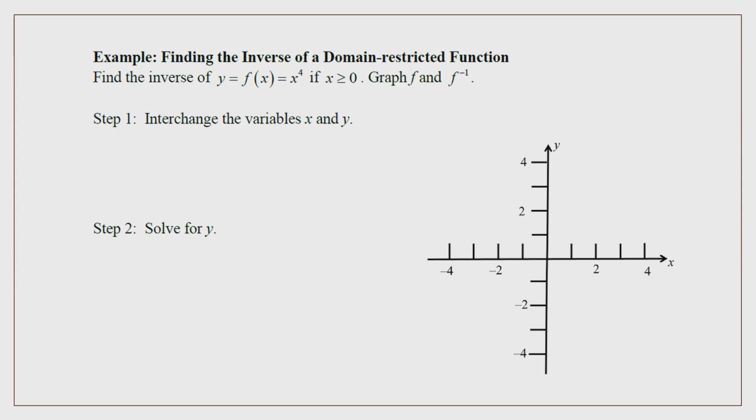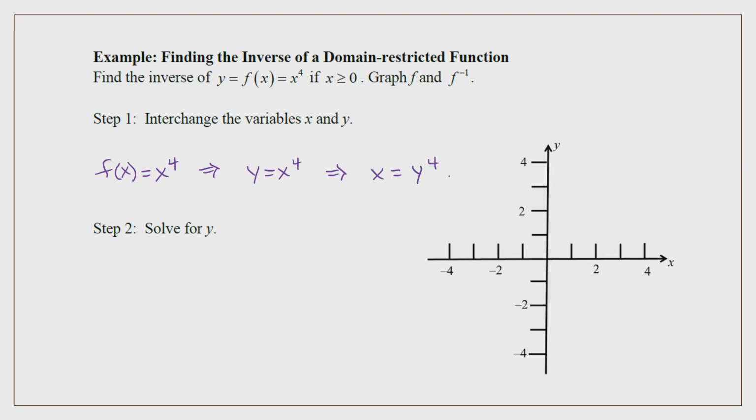Okay. So first, let's interchange the variables of x and y. So our function is f of x equals x to the fourth, which means y equals x to the fourth. So if we interchange, we're going to get x equals y to the fourth.